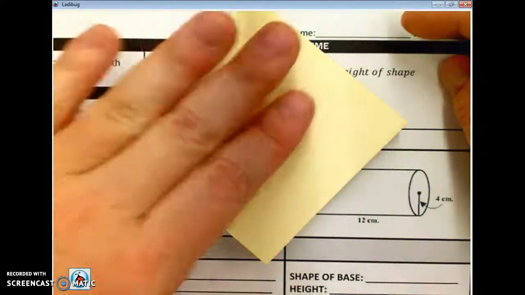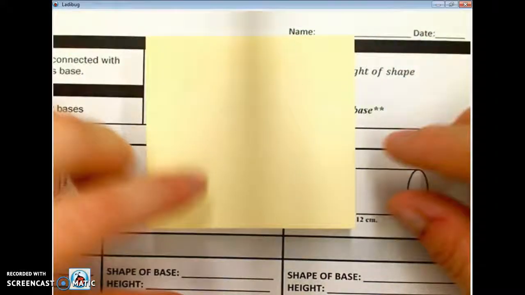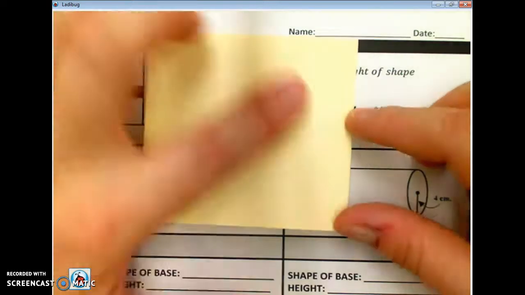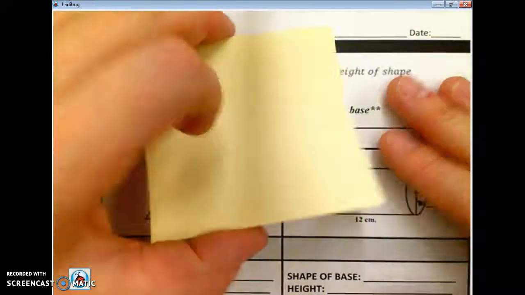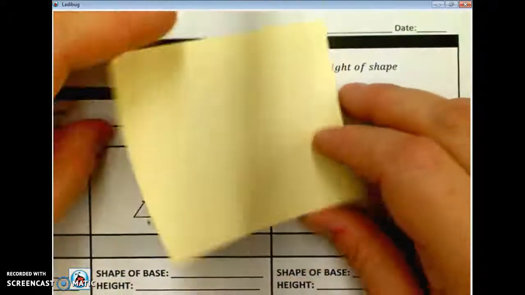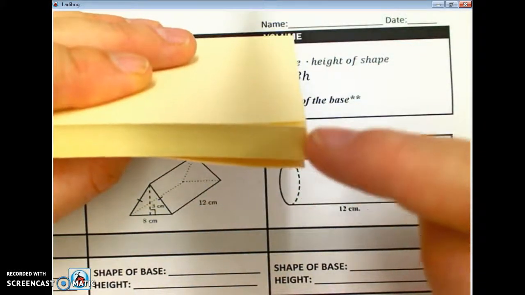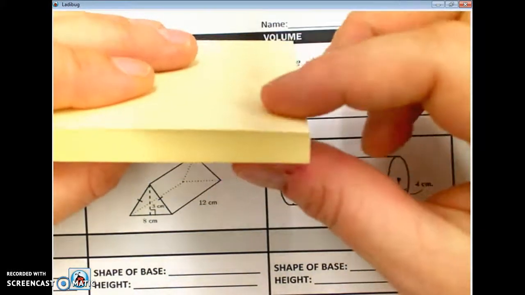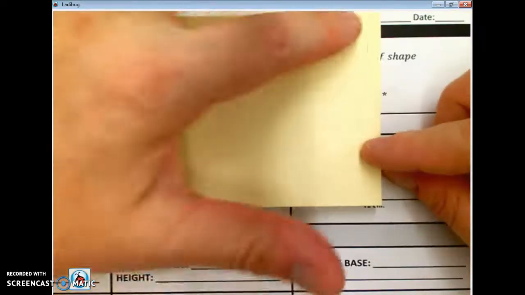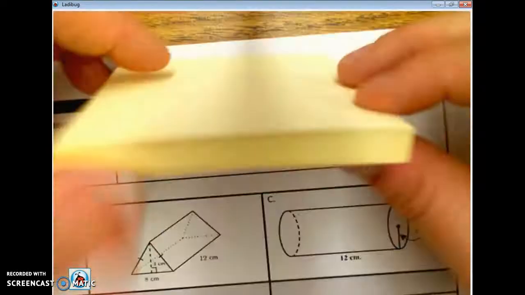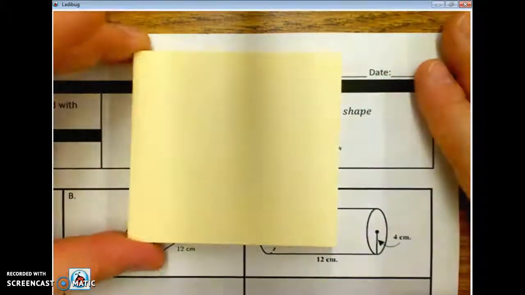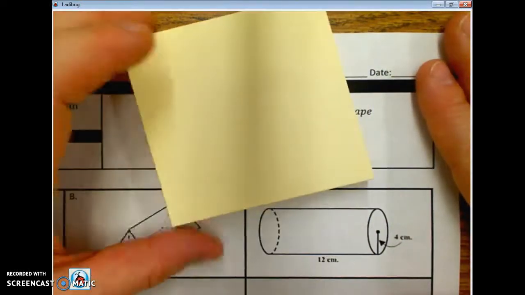I have this shape, which is a square, and I'm going to find the area of it, but then I have a piece of paper on top of a piece of paper on top of a piece of paper. So the height of my Post-it notes, or in this case my prism, if I multiply the area of my base, which is this square, by how high it is, that's going to give me how much space this stack of Post-it notes is taking up.